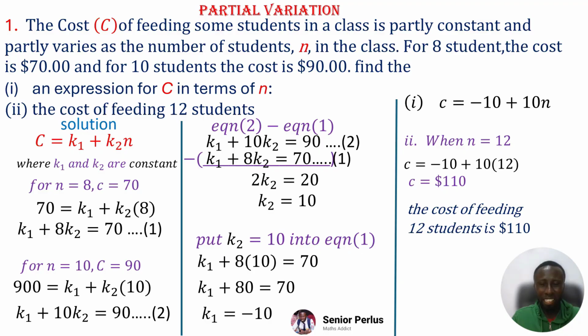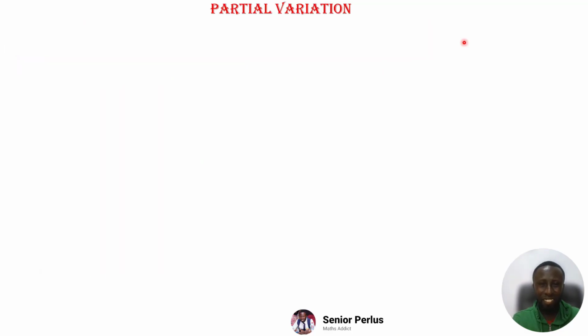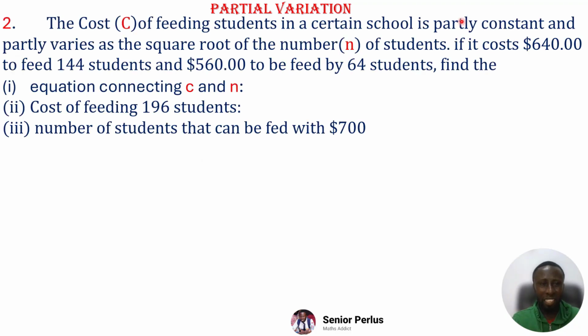Please make use of it and know how to deduce the mathematical expression for partial variation. Our second example for partial variation: the cost C of feeding students in a certain school is partly constant and partly varies as the square root of n, the number of students.